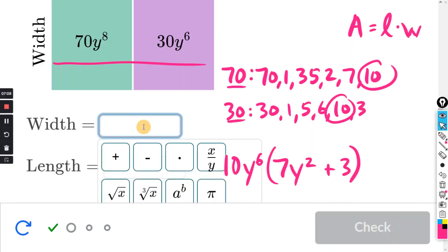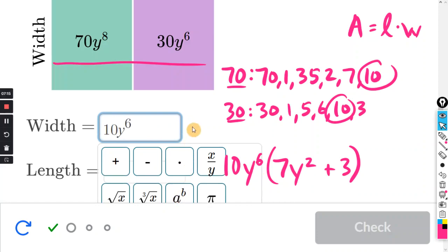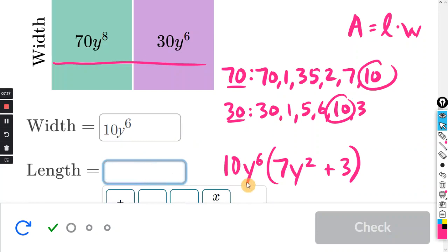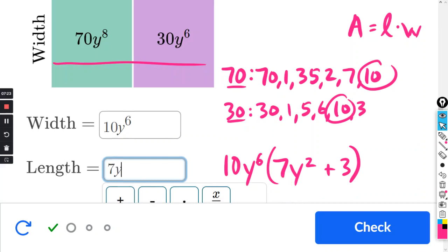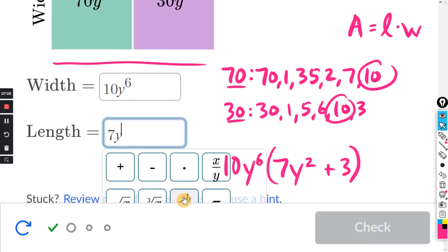Okay, so for the width, I'm going to type 10y, and it's to the 6th. So use that exponent to the 6th. Click outside and click in the next box. And you don't have to type the parentheses. You can just type 7y squared, 7y exponent button squared. Hit the right arrow key and then do plus 3.